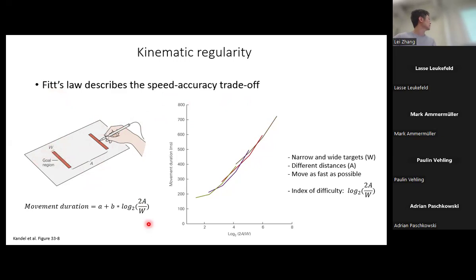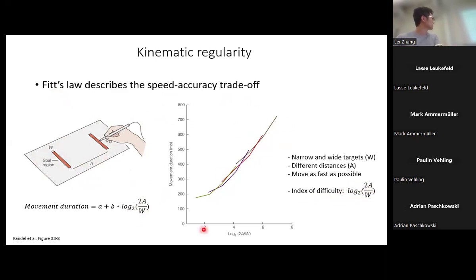This W means that if your target is wider, then it's definitely easier to reach. And there's also a distance A in this term. This term is called the index of difficulty. That means if this term is larger, which means you have a longer distance and a narrower target, it's more difficult.